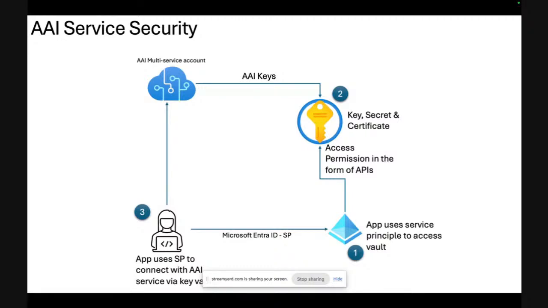The first option is the app which is going to interact with the AI services with some authentication and authorization. In that case, we are going to use Azure AD, so Microsoft Entra ID authentication, which allows you to generate a service principal. With that service principal, as a developer, you can authenticate and authorize your application to consume your AI services.